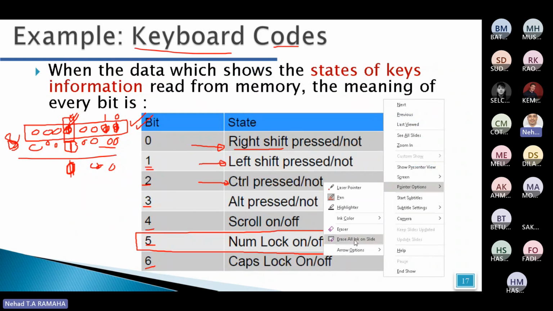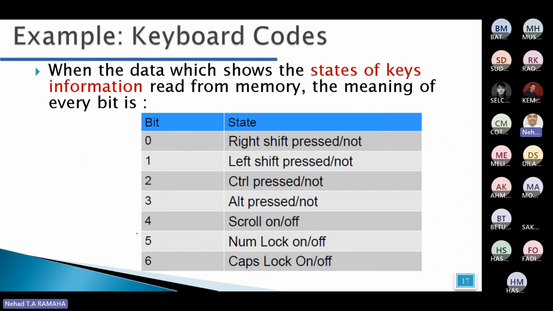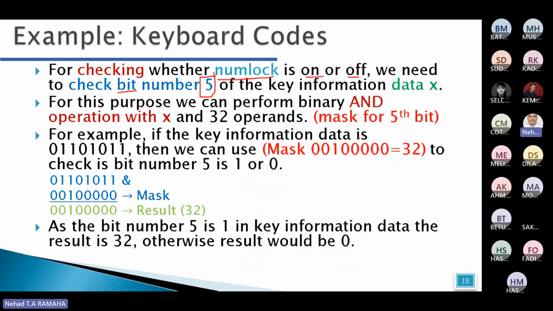So, for example, in the information of the keyboard, the 5th digit is for the numlock. So we want to check the 5th digit. If we want to check the numlock, we will check the digit number 5 in the key information data.